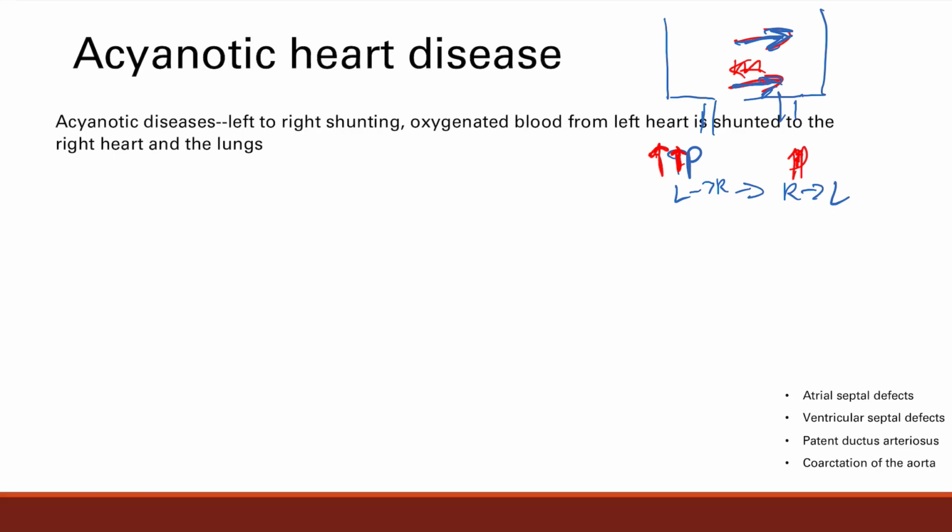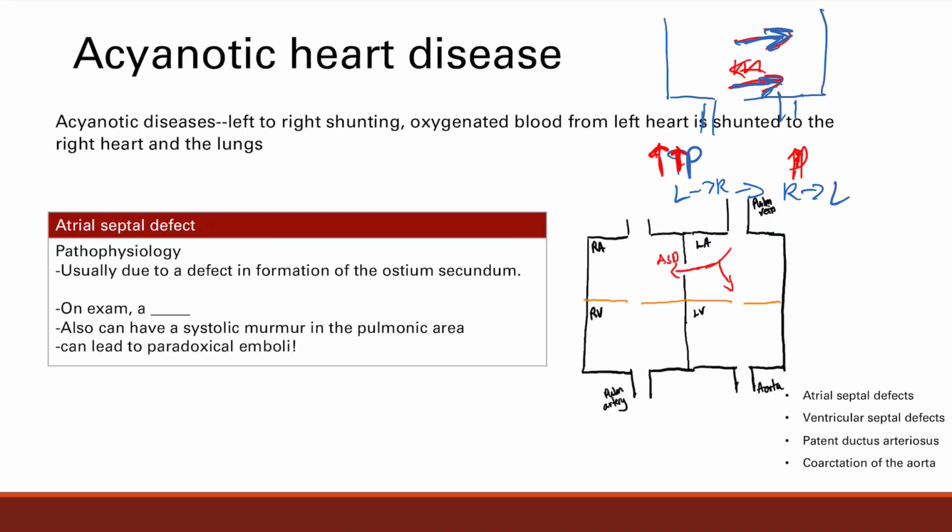So now, without further ado, the first acyanotic heart lesion is an atrial septal defect, which we've mentioned many times, but now we're going to get into little details of it. This is a defect in the interatrial septum due to a defect in the formation of the ostium secundum. Now I want to differentiate, because this sounds very similar to a patent foramen ovale, right?